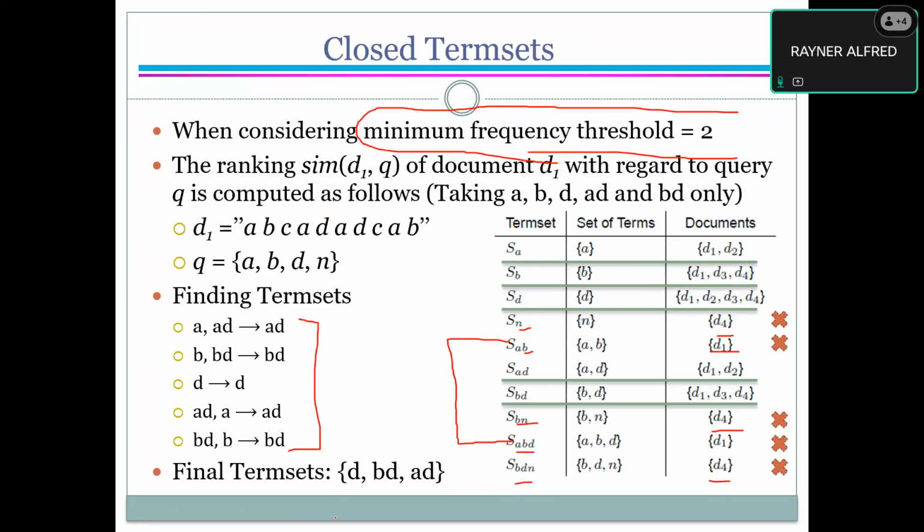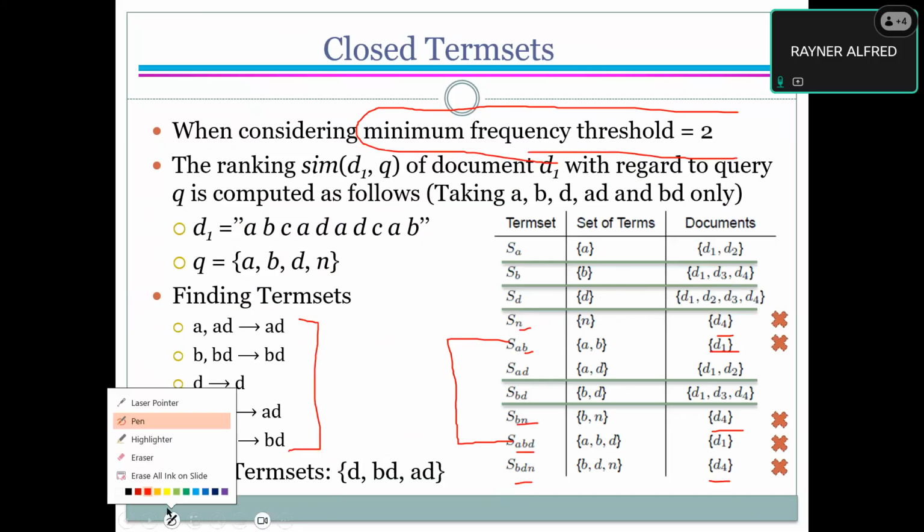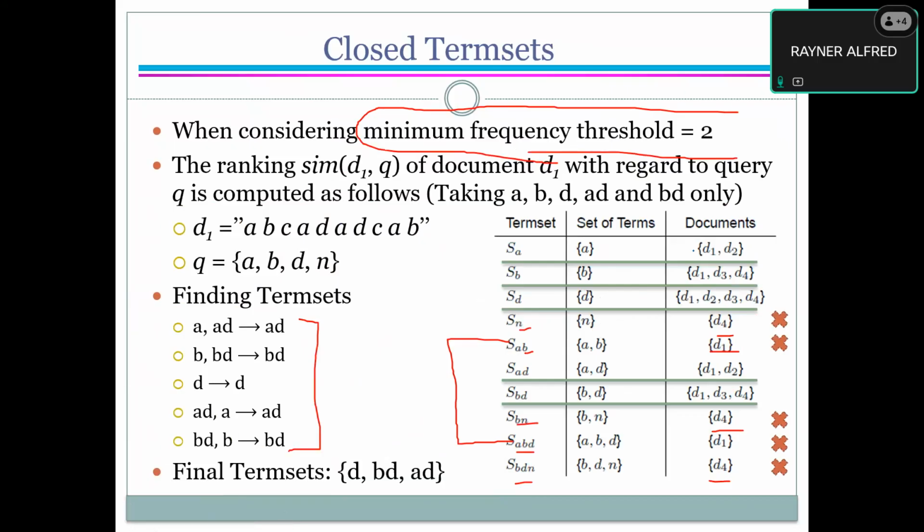So for example, let me change the color. So we have D1 with D1, and then B with this, and then this one alone. Any question? So that means from 7, we can reduce to 4 if we use the closed term set.